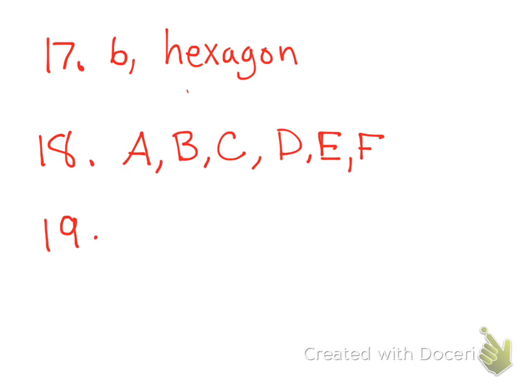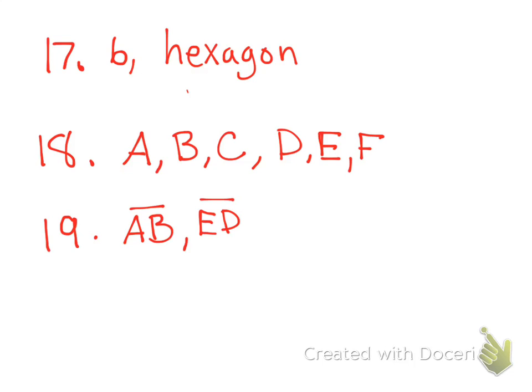Now, number 19 says name the sides. The sides are the segments. How many letters do we use when we're naming a segment? 2. So like AB would be a side. What would another one be? ED, good.